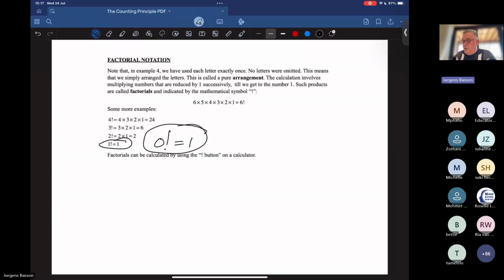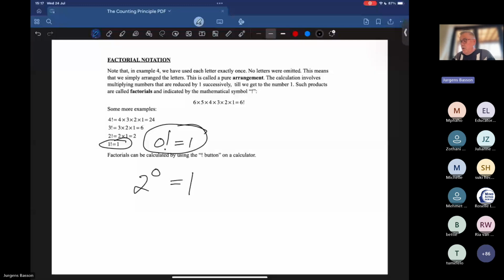Like 2 factorial, you can write as 2 times 1. 3 factorial, 3 times 2 times 1. 0 factorial, you can't write as a product. Therefore, the answer is always 1. That's a principle that we have in mathematics. The same thing we get if you look at something like 2 to the exponent of 0, or 2 to the power of 0.